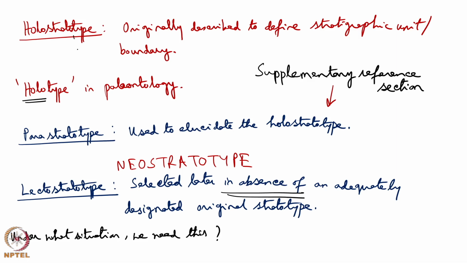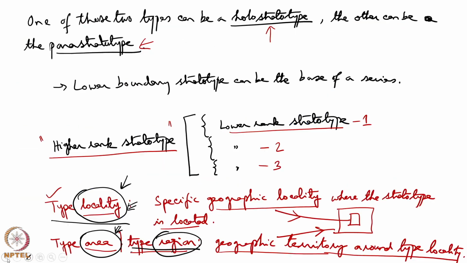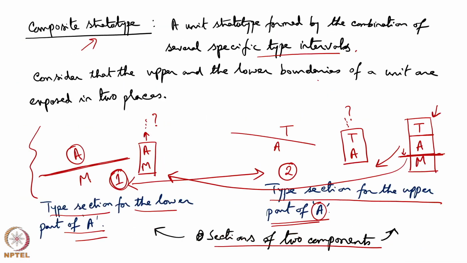What is a holostratotype? It is originally described to define the stratigraphic unit or boundary. This is a rock body where we can find a stratigraphic unit, and as I said, it may be possible that at some place only the bottom boundary of a unit A is found, and at another place the top boundary of unit A is found.